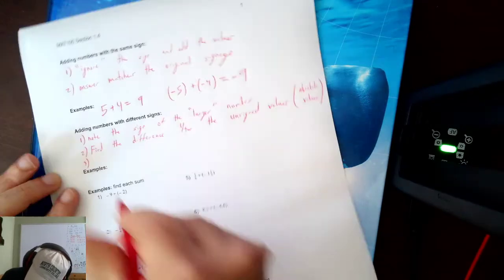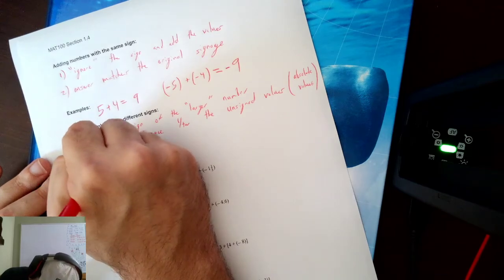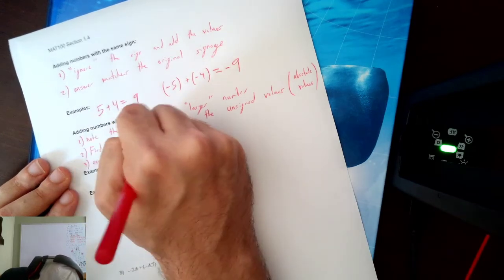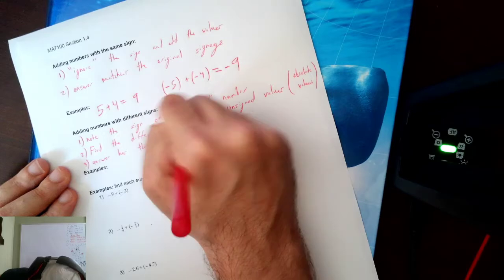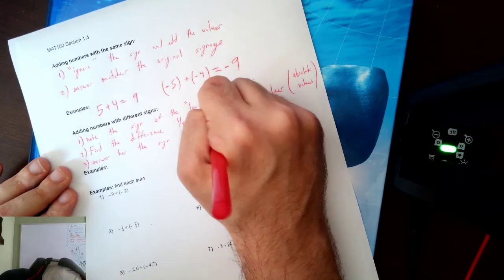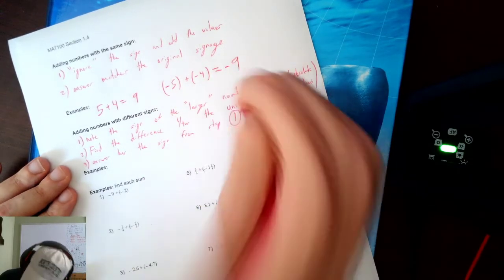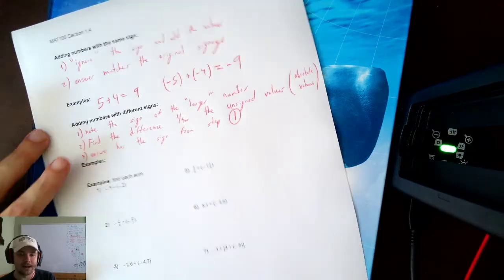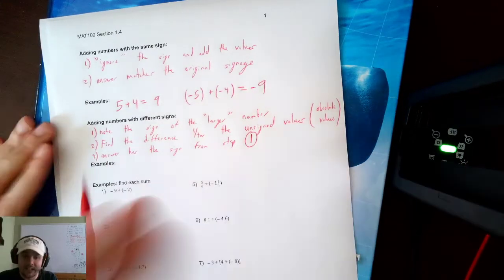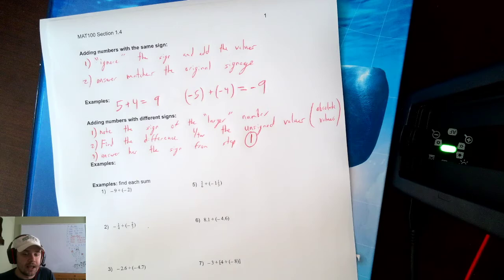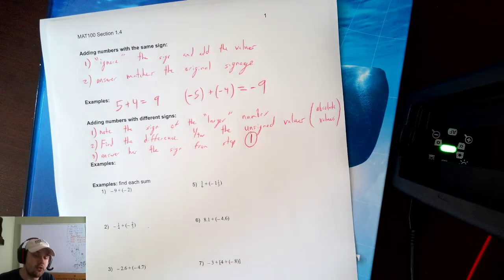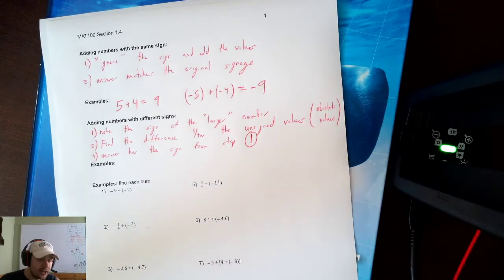The third step, the answer has the sign from step 1. So whatever sign you noted in step 1. So first you note the sign of the larger number. Here, the quotation marks around larger is to tell you that you're looking for the larger magnitude, not necessarily which number should be greater than or equal to the other one, right?